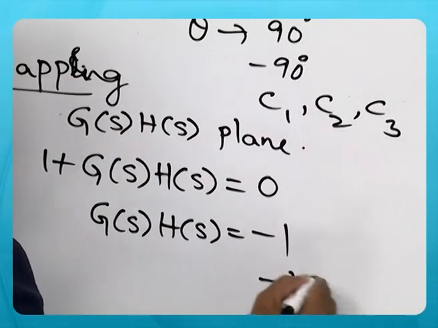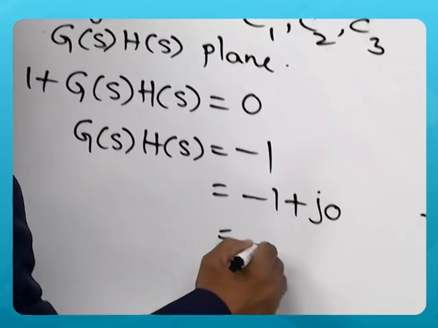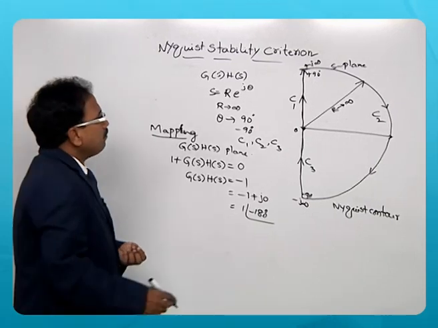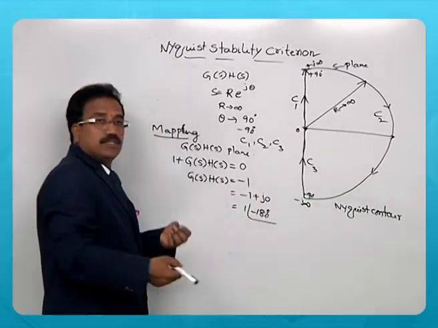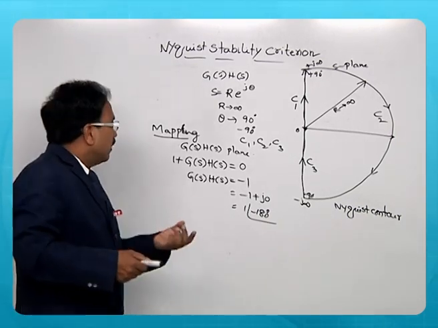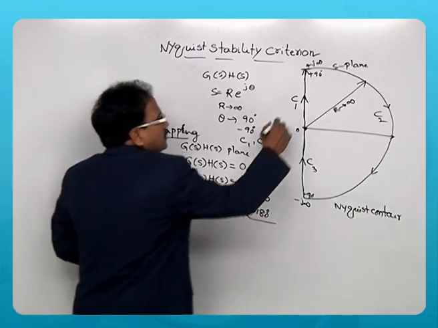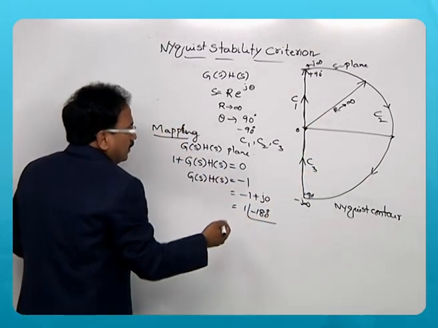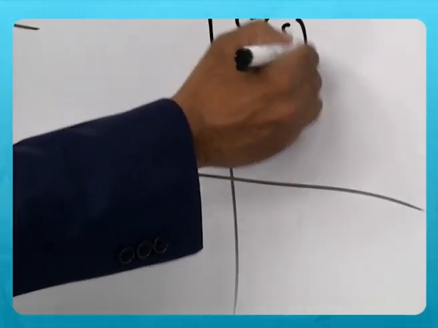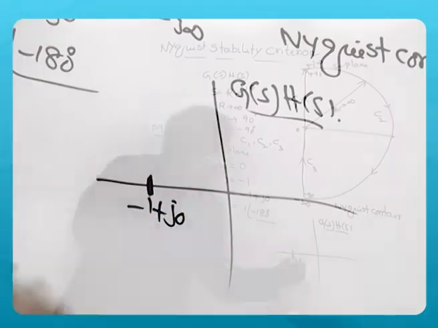This point is nothing but minus 1 plus j0, or it is 1 at an angle of minus 180 degrees. So when you map C1, C2, C3 into the G(s)H(s) plane, the critical point is not about the origin but about the minus 1 plus j0 point. That means when the Nyquist contour is covered, the critical point in the G(s)H(s) plane is not the origin, but the minus 1 plus j0 point.